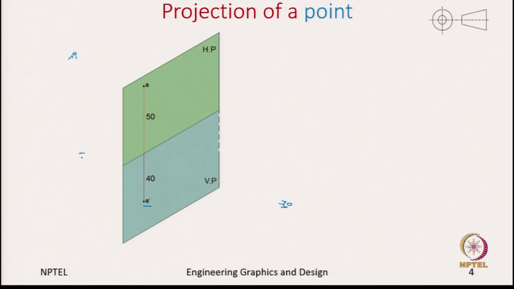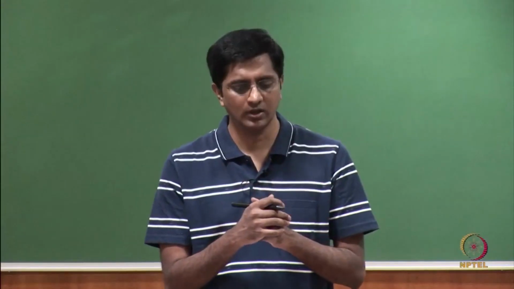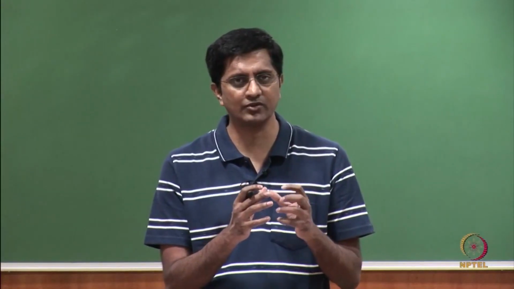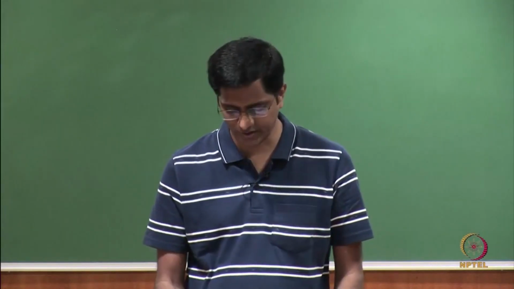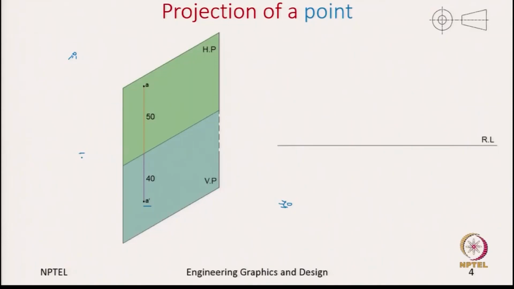What we have seen till now is the pictorial representation of how we captured the front and top views, but now let us see how we draw it on a drawing sheet. We start with the reference line, and we see that the front view is placed below. Let us start with the front view A prime. Here is the front view where the point is represented by A prime, which is at 40 units from the reference line.